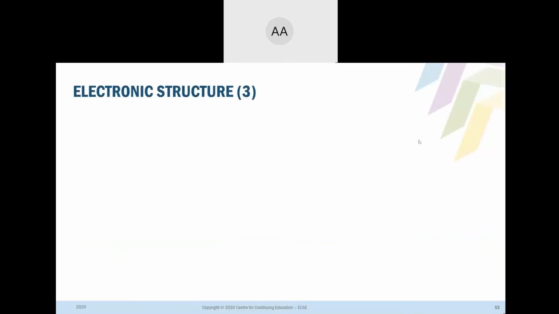So now that we've had a go at filling the orbitals, let's try and recap our understanding of the atomic orbitals. So you saw previously what we call the Lewis dot and cross diagram. And when we think about the shells that we find our electrons in, we need to think of them as energy levels, which consist of orbitals.